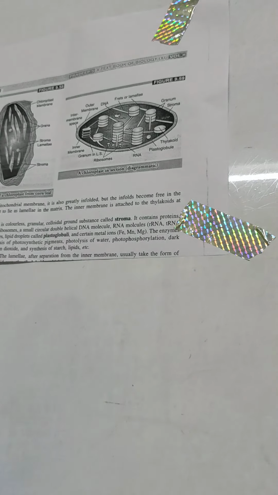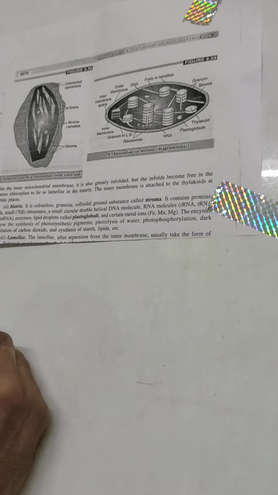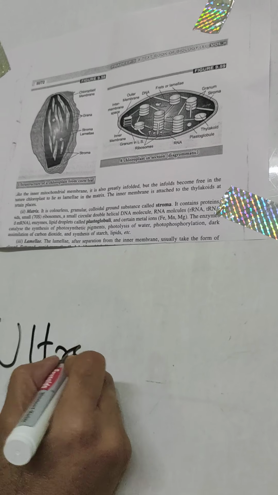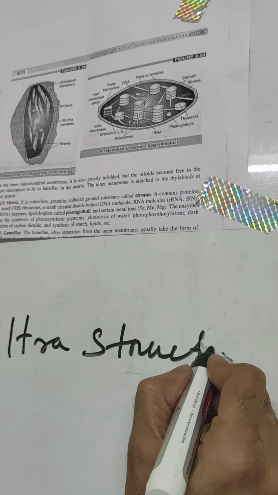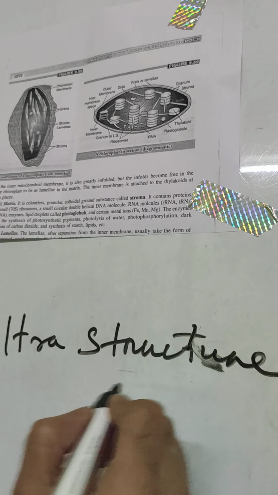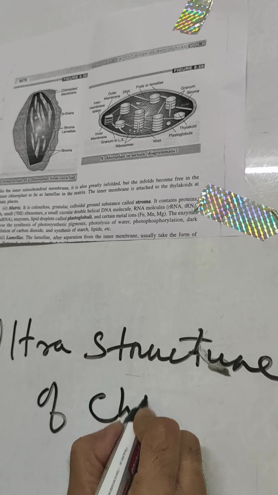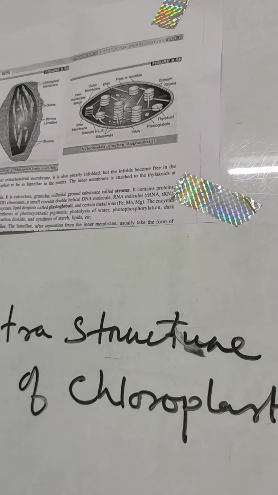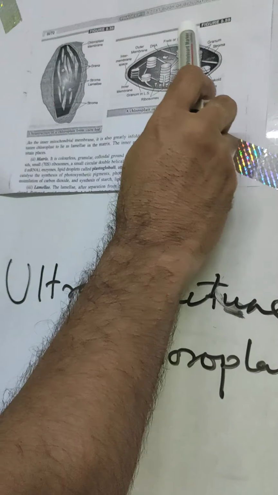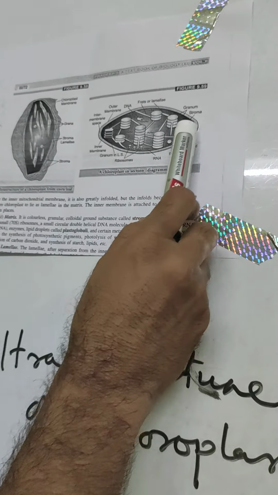If we see the internal structure or ultrastructure of chloroplast, then we see chloroplast is bounded by two membranes, the outer one and the inner one.